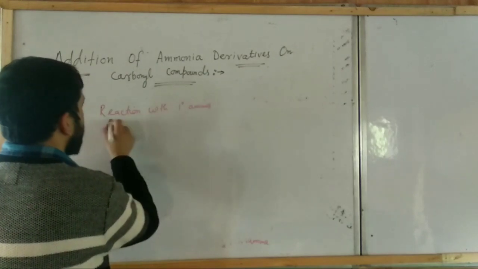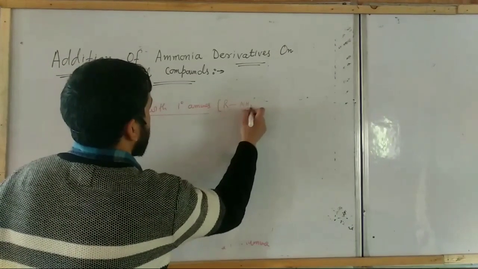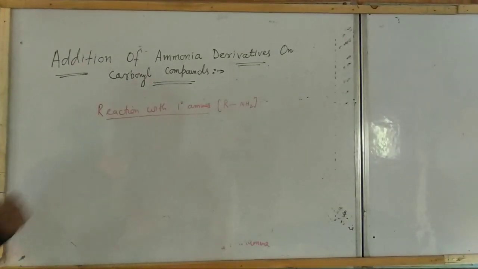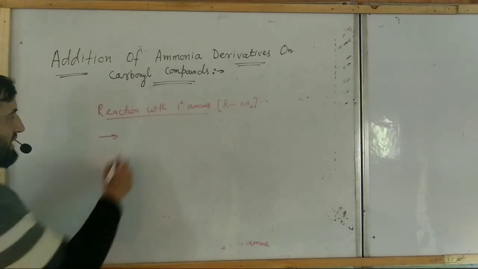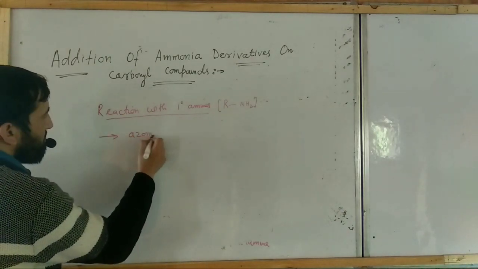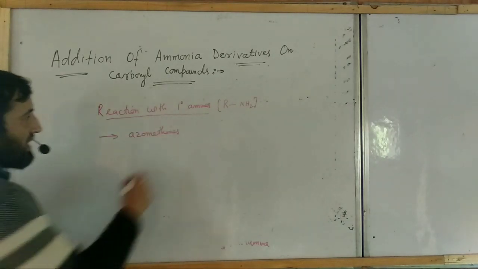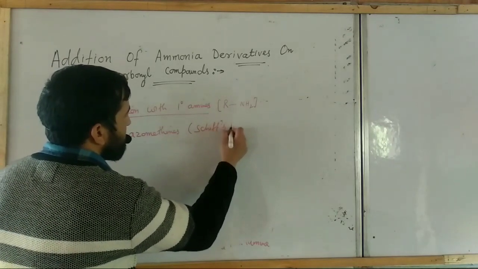The amines which contain the NH2 group as the functional group, that is RNH2. Now when these aldehydes and ketones react with the primary amines, they form a type of compound that is known as azomethines. These azomethines are also known as Schiff's base. So it's called Schiff's base.